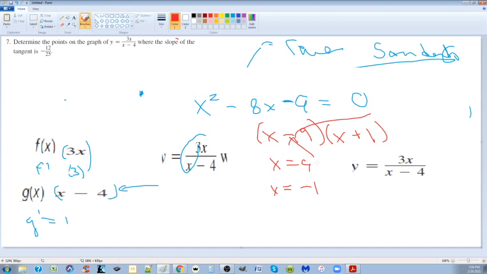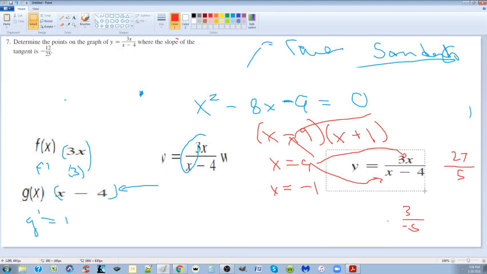Well, if I put 9 up here, I get 27. If I put 9 down there, I get 5. So that's my y value. If I put minus 1 up here, I get minus 3. If I put minus 1 down here, I get minus 5. So that's just 3 over 5.